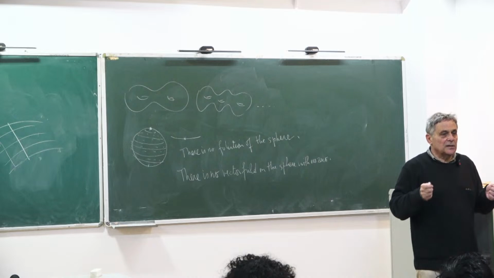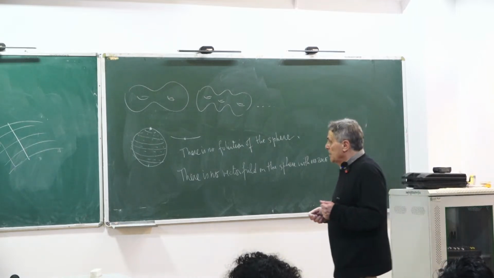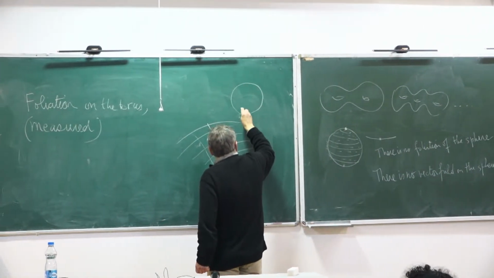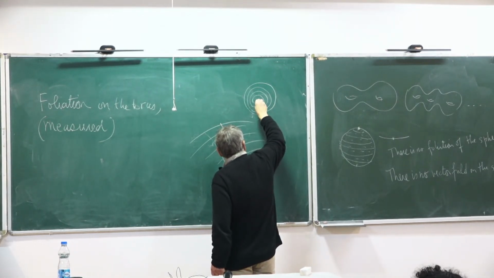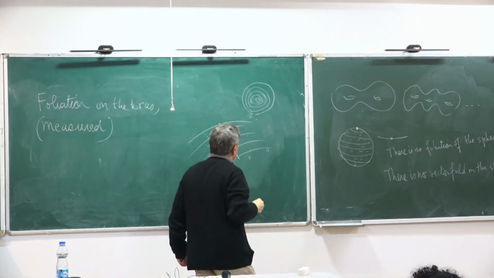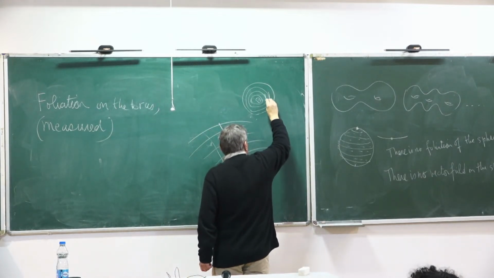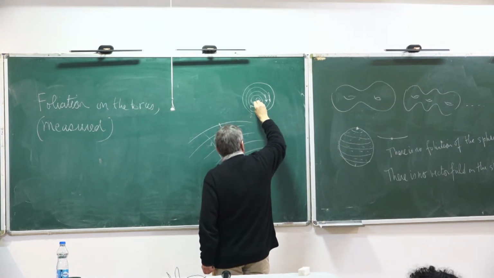Or on the disk, right? I cannot draw a foliation of the disk. If I start continuing here, this boundary component, then there's a point here. People are more familiar with vector fields.